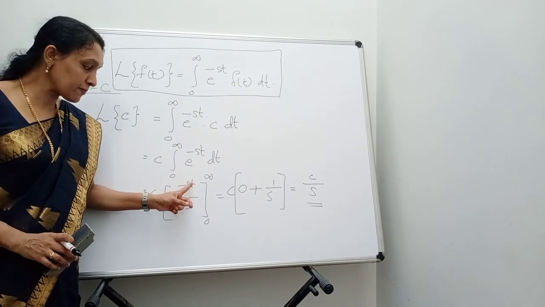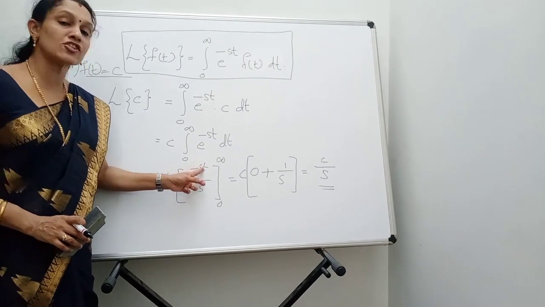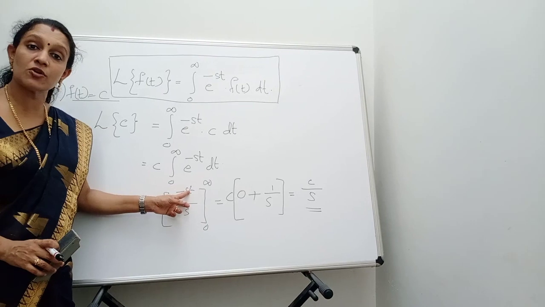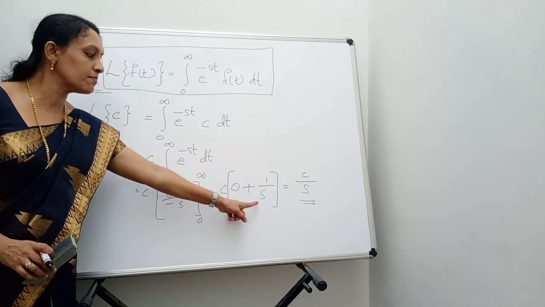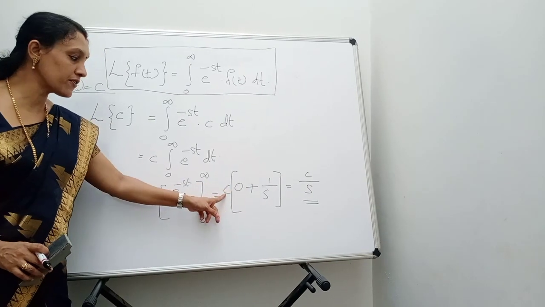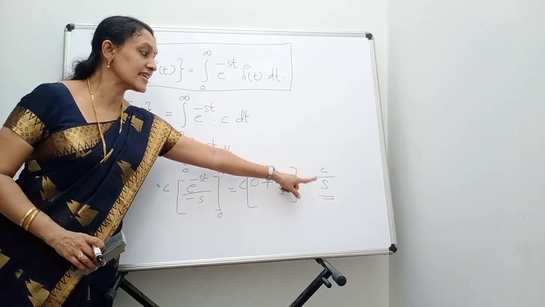And if you are putting t is equal to the lower limit 0, it is e raised to 0, and the value of e raised to 0 is 1. So e raised to 0 is 1, divided by s. So in total what we obtained is c into 1 by s, or c by s.